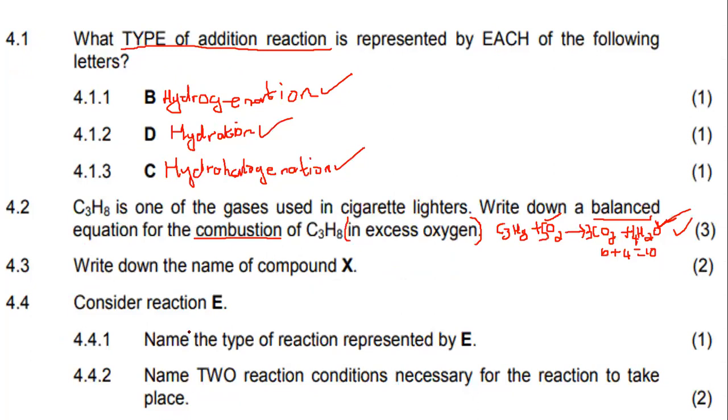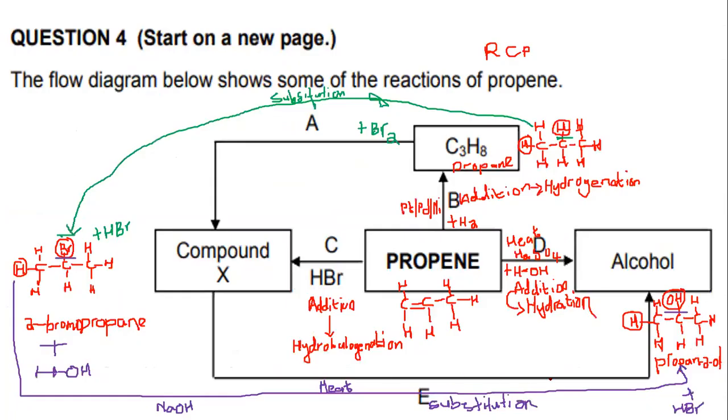Right. Then we must consider reaction E, and we must name the type. We must also give 2 reaction conditions necessary for reaction E to take place. So E, we saw that it is substitution. Why?